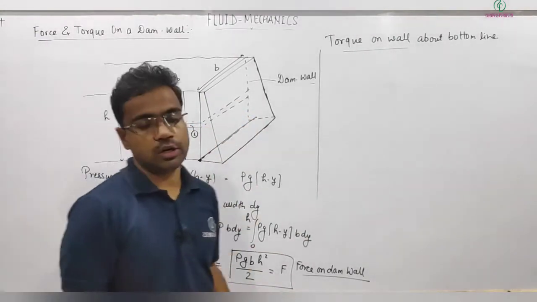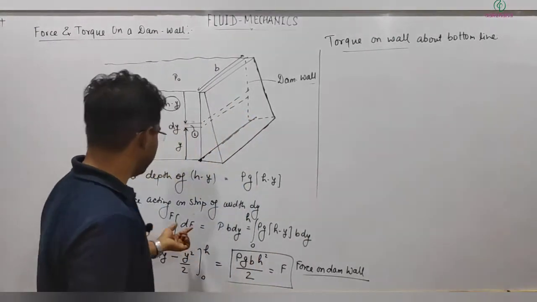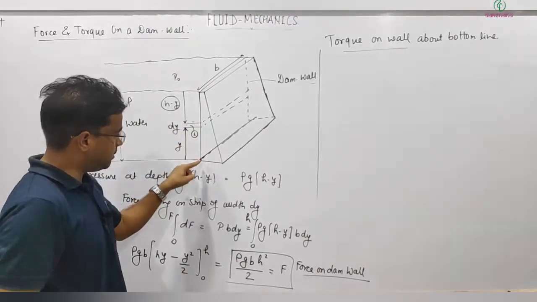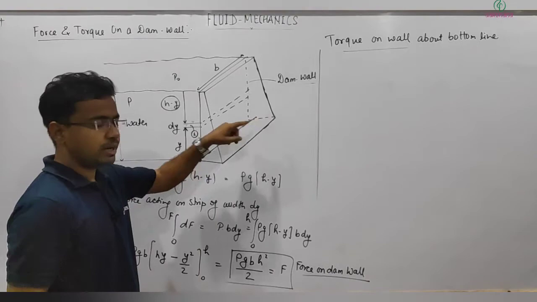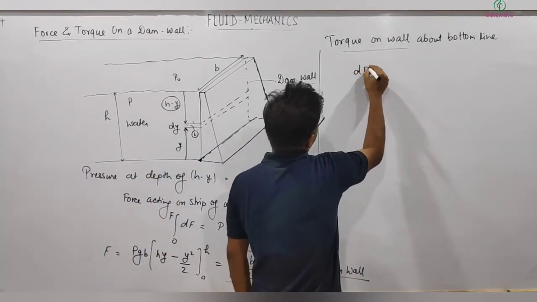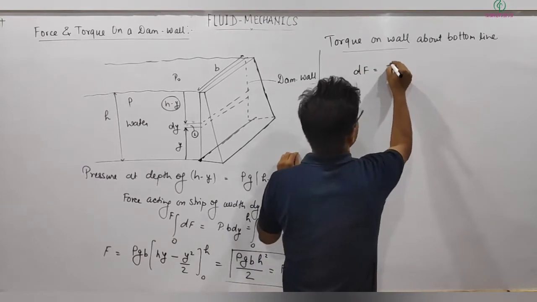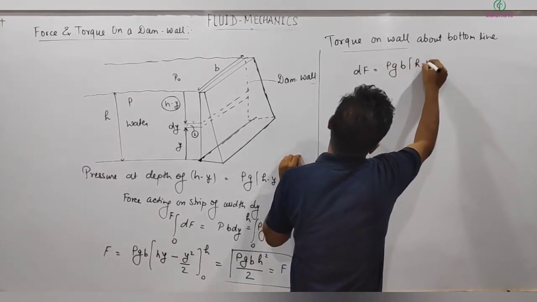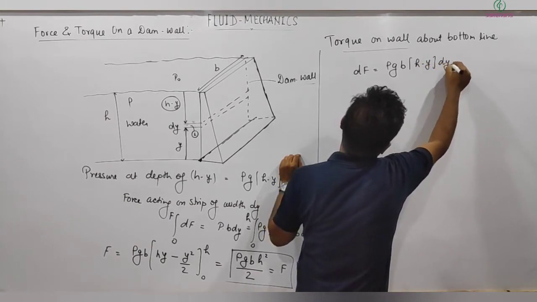So again, for torque also we need to integrate. I got the force on this small strip. Let's calculate torque about this bottom line due to this dF. We already got dF is equal to rho g b (h minus y) dy.